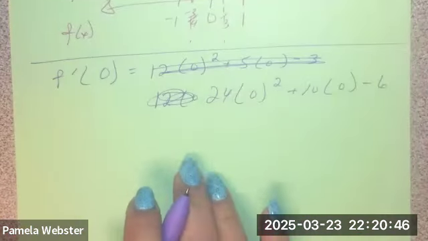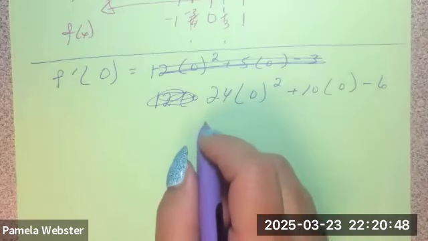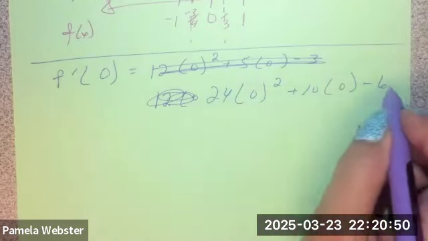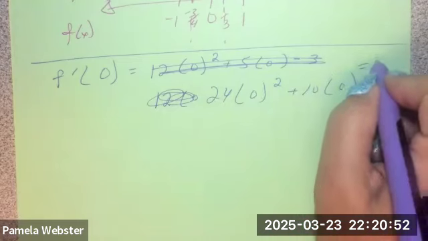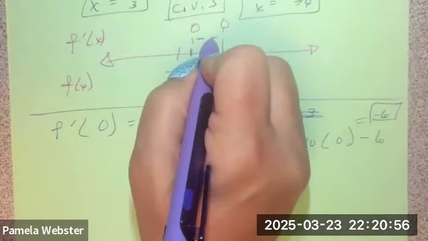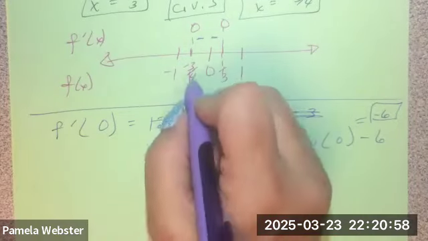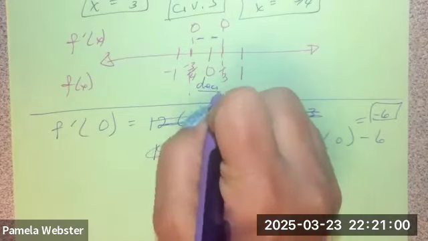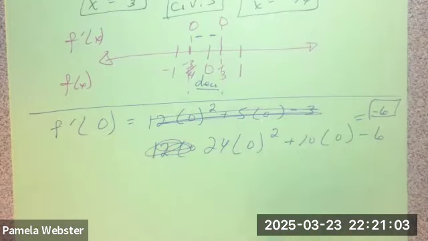That was my actual derivative. Remember, I divided by 2. Okay, 0, 0, I get a negative 6 for 0. So it's negative in here in the middle. Okay, that's a decrease, interval of decrease.